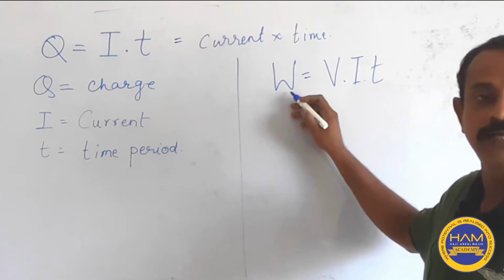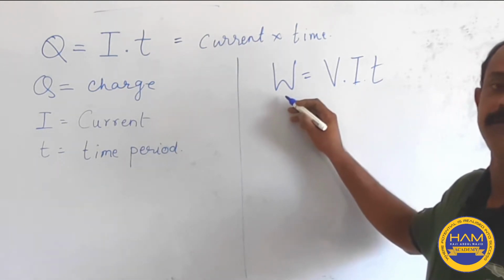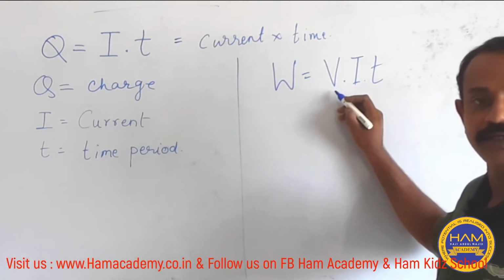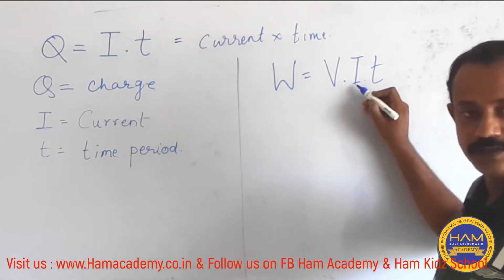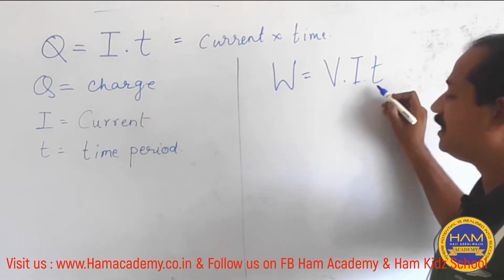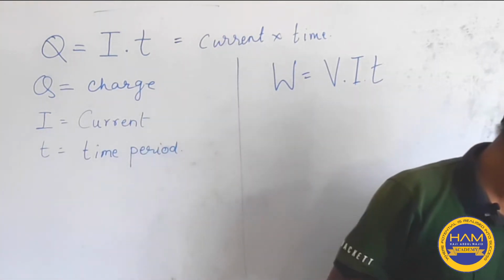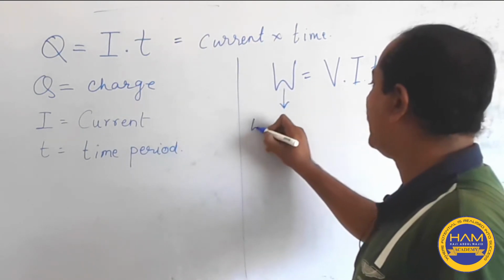W over here is the work done by the charge coming from one point to the other. V is the electric potential or the potential difference. I is the current flowing through the circuit, and T is the time frame for which the current is flowing.